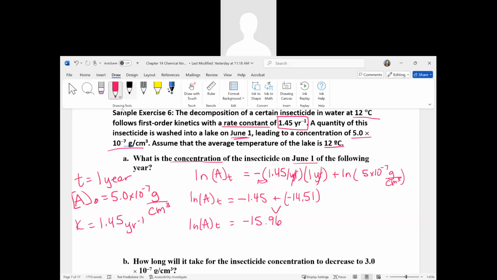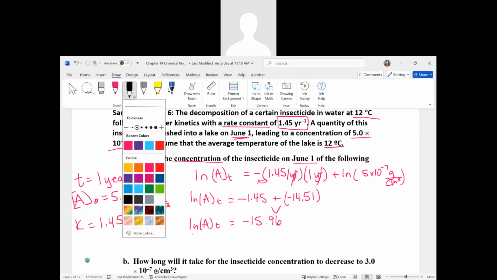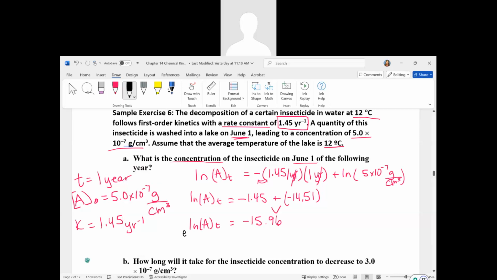And if you do not recall how to reverse a natural log, we can do so by taking the e of each side here. So if you, on your calculator, type in e raised to the negative 15.96, that will give us the concentration of A after 1 year, after time t, and that comes to be 1.2 times 10 to the negative 7 grams per cubic centimeter. So that's our answer for part A.